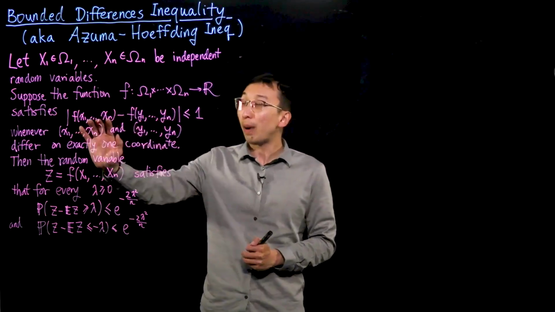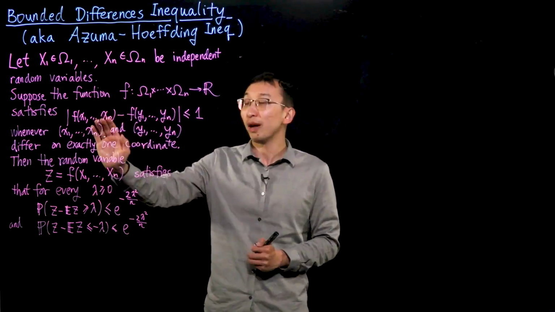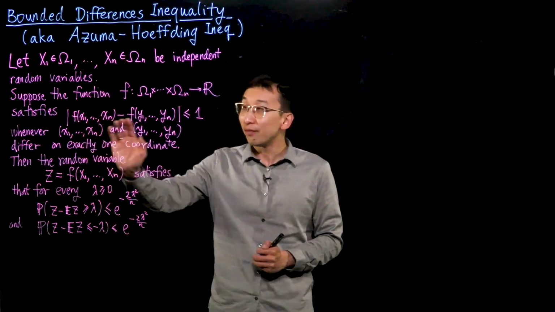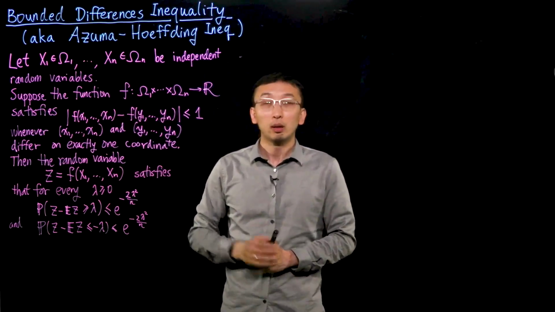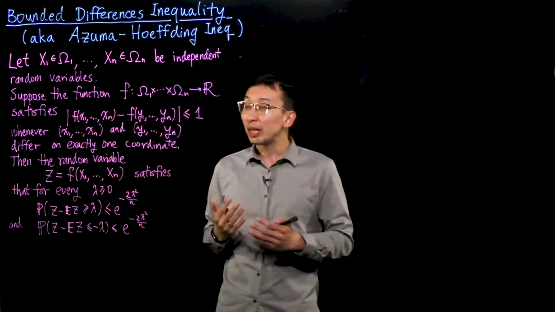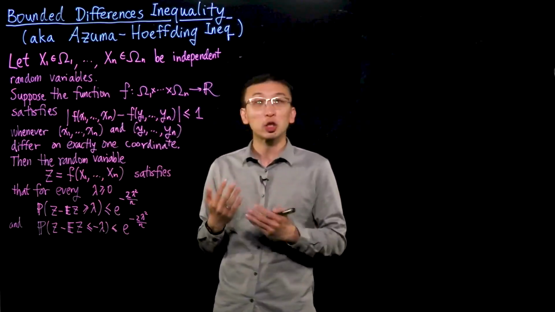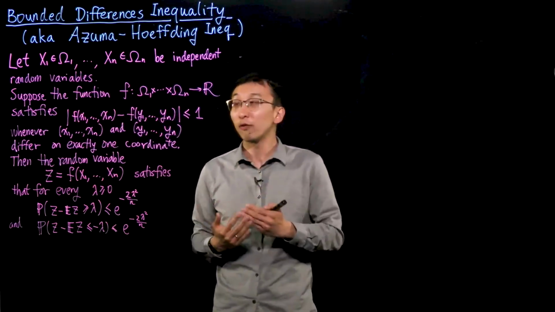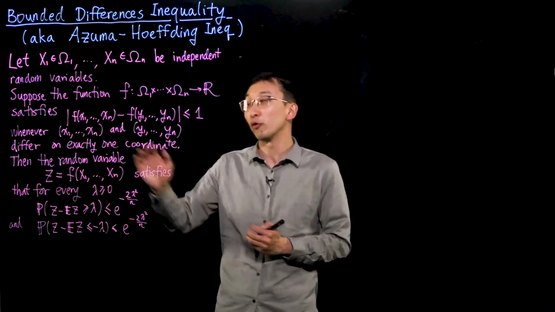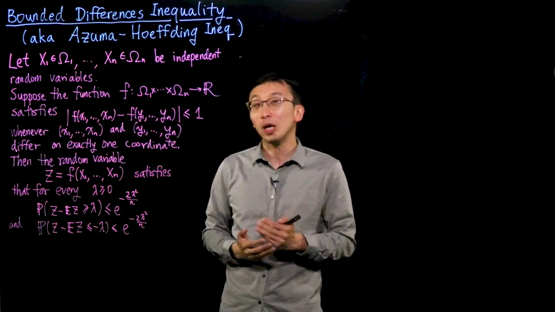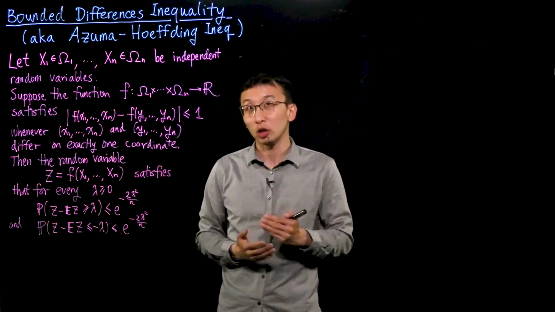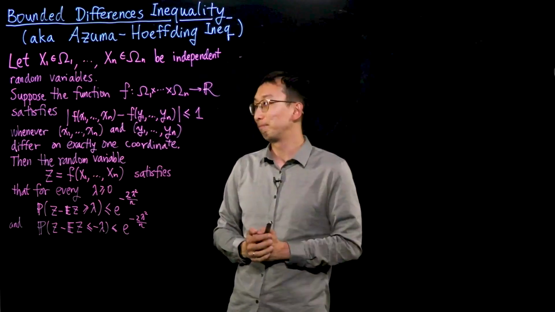So by only changing a single coordinate, the assumption is that the value of f changes by no more than 1. So f, in some sense, is fairly smooth to the fluctuations in the input. If you change only one input coordinate, then the output of f does not change by more than 1.